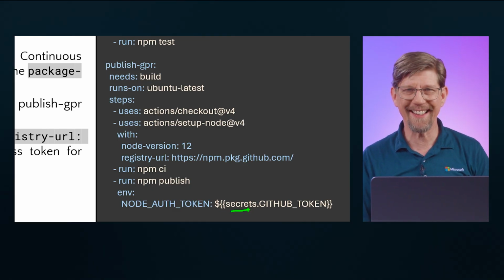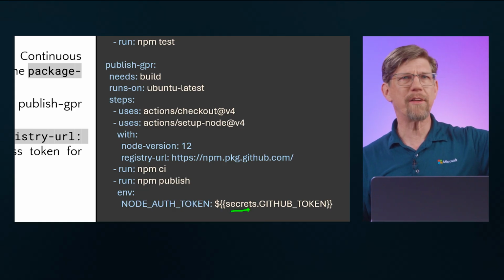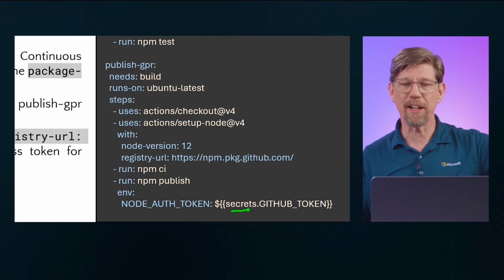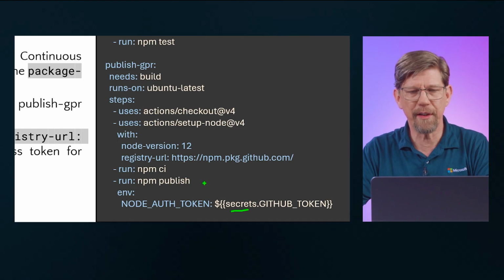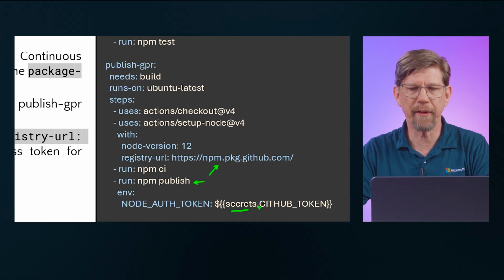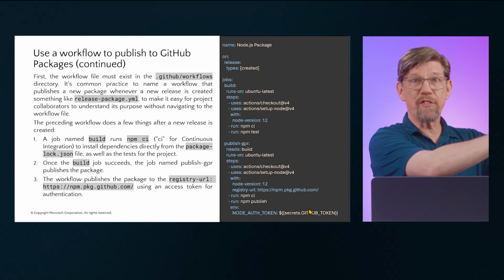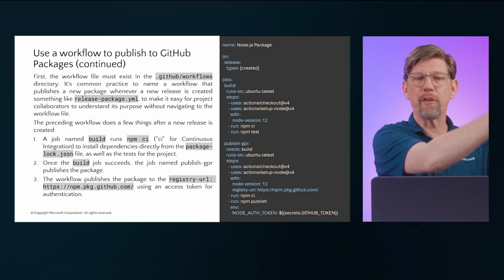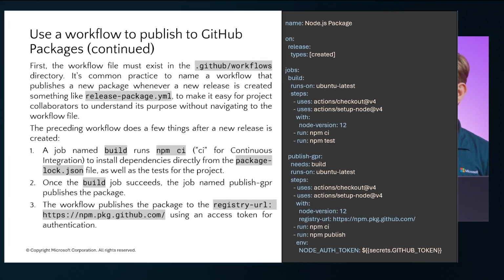So GitHub token is a well-known secret that is loaded up with the rights and privileges of the pipeline itself. So we're passing those onto the publish aspect, which will then be validated against that source. Now it's available for other pipelines, for other tools to be pulling this package from.